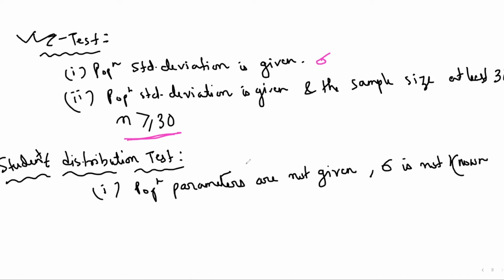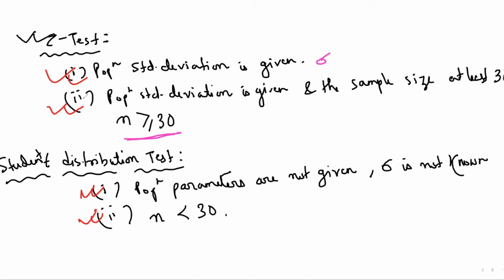Sigma means standard deviation, right? It's also a population parameter. If it is not known, then definitely you will use student T distribution. Also, when your sample size is less than 30. In these two cases, you will use student T distribution, and in the other two cases, you will use Z test.